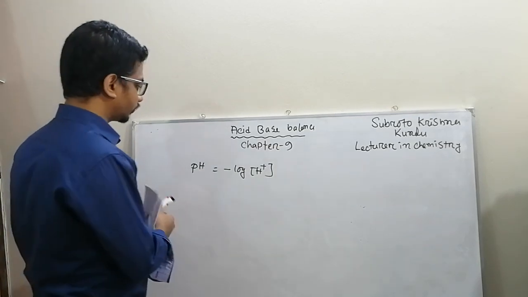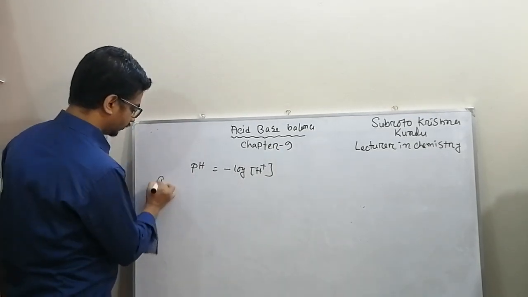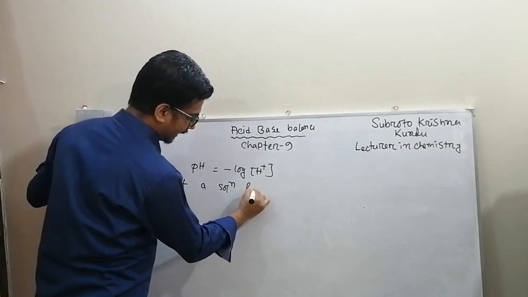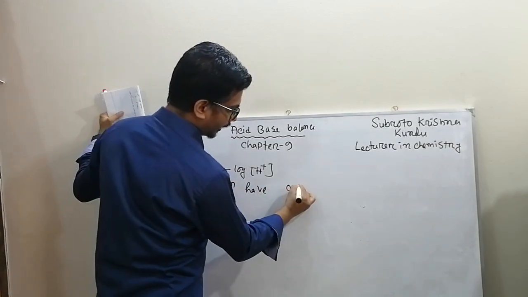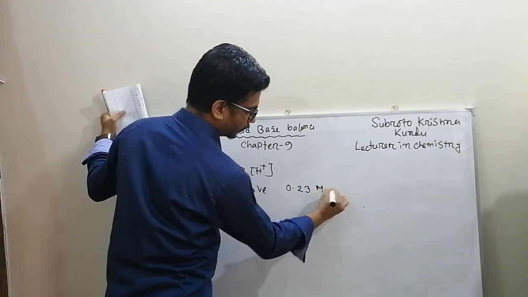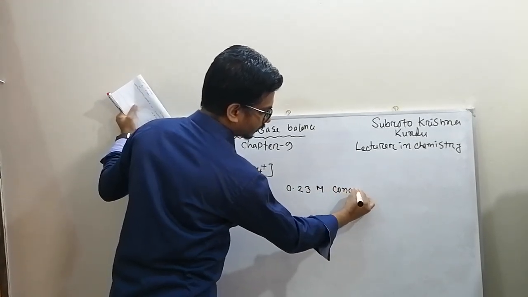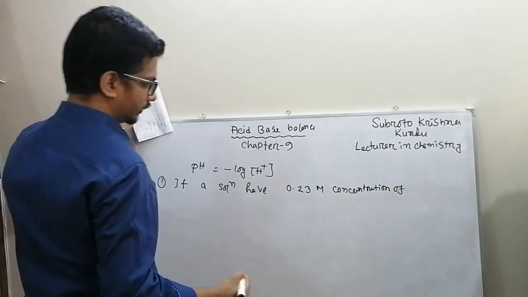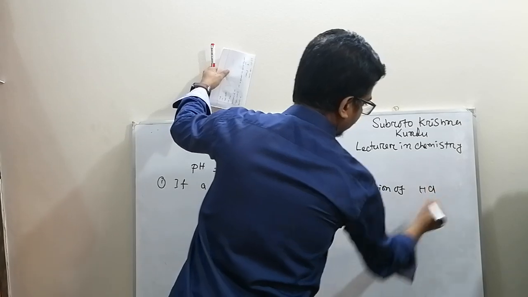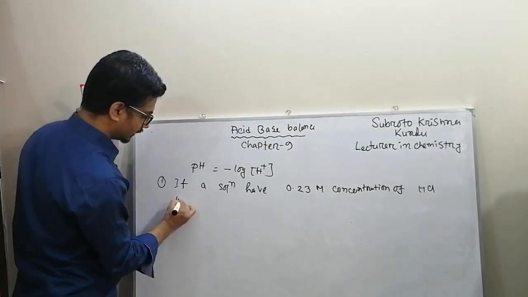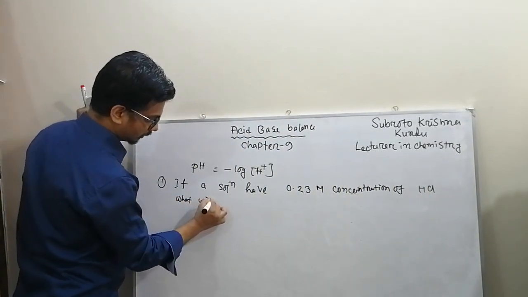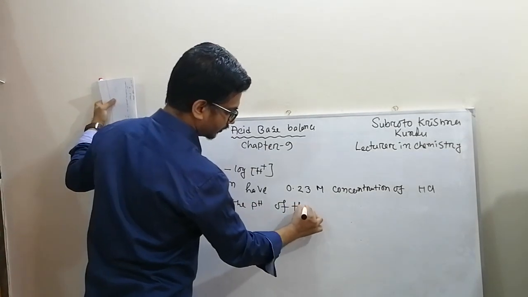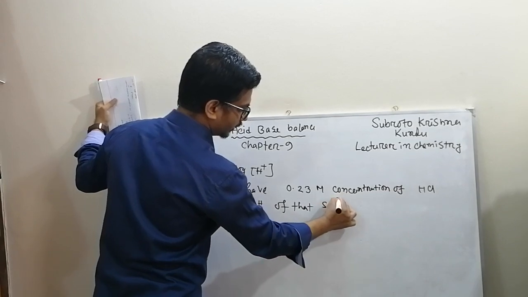If a solution has 0.23 molar concentration of HCl, what will be the pH of that solution?